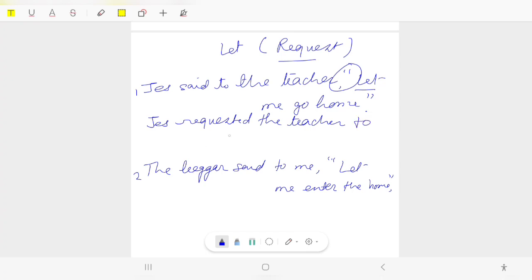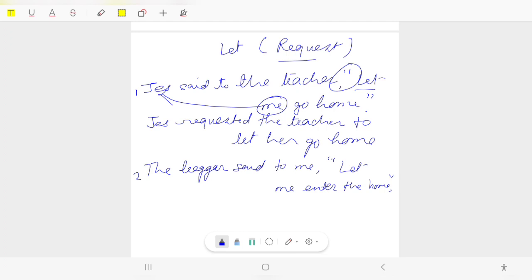Jess requested the teacher to let. First person pronoun according to subject. Subject is Jess, a girl, for her pronoun will be used, her. So Jess requested the teacher to let her go home.